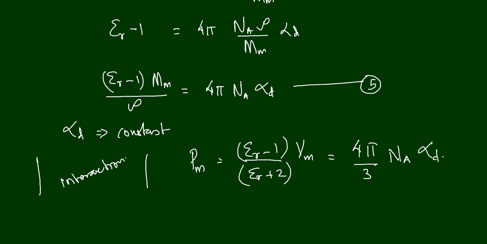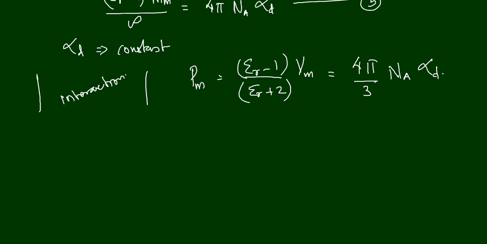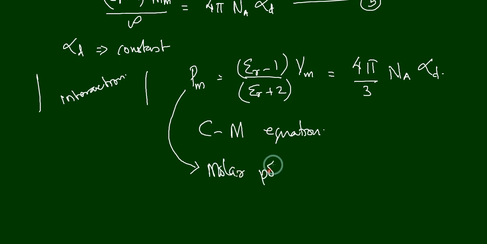Okay, this is an equation put forward by Clausius and Mosotti, and this equation is called the Clausius-Mosotti equation. And here in this equation, Pm, this parameter, is called the molar polarization.